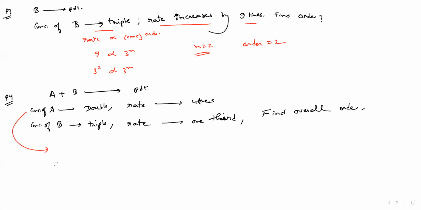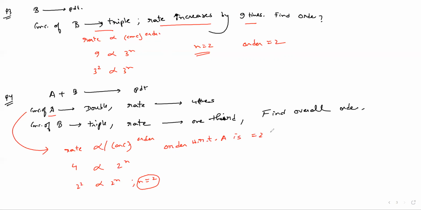Okay. Now in this one, if you consider A, rate is proportional to concentration to the power order. Rate becomes 4 times, concentration is doubled. What is the n value? n value is 2. Now order with respect to A is 2.